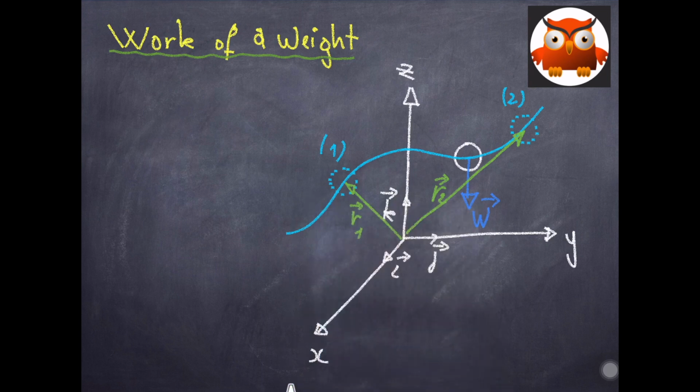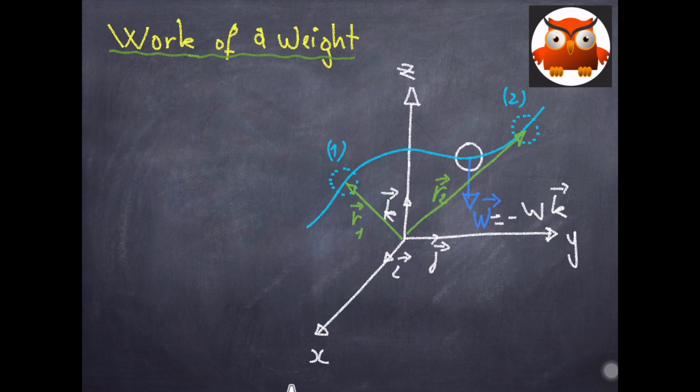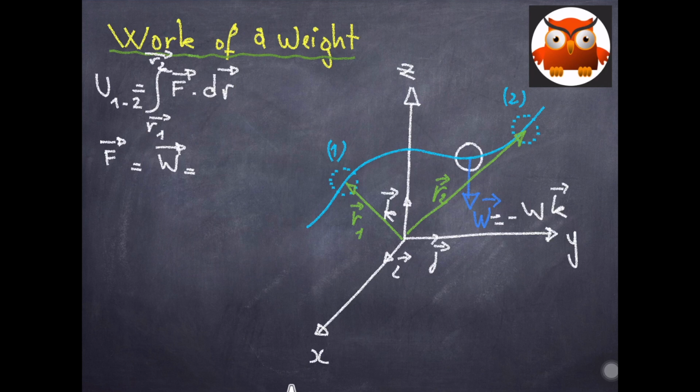Particle has a position vector R2. So, if you remember, the work done by any force to bring a particle from position 1 to position 2 is the integral of F dot dr. Now, this is between R1 and R2. Now, the force F in our case here is only the weight, and it is equal to minus W, the magnitude of the weight, which is mg times k.